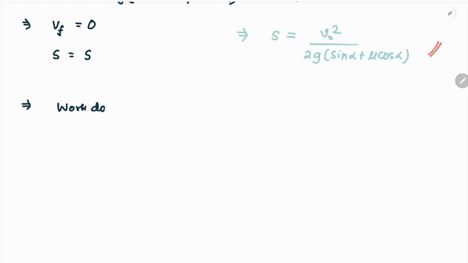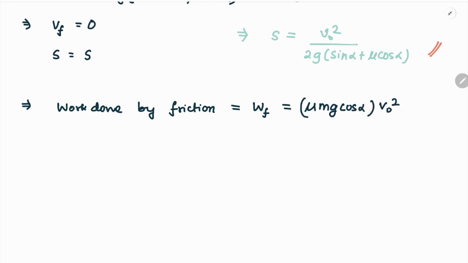So we write work done by friction is negative, and it is equal to mu mg cos alpha times this distance, v0 square by 2g times sin alpha plus mu cos alpha.